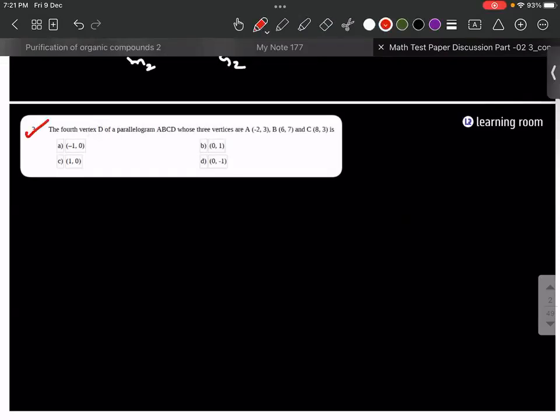The fourth vertex D of a parallelogram ABCD whose vertices are (-2, 3), (6, 7) and (8, 3) is... So for a, minus 1. How did he get it? The midpoint of AC should be equal to the midpoint of BD. So 6 by 2 should be equal to (6 + x) by 2. Cancel this, so x should be 0.